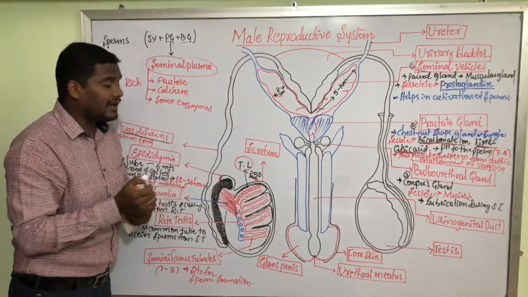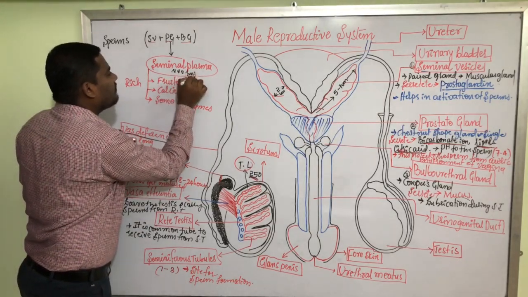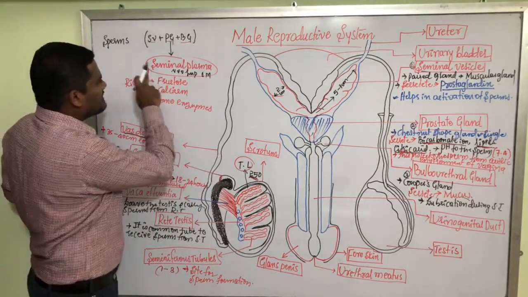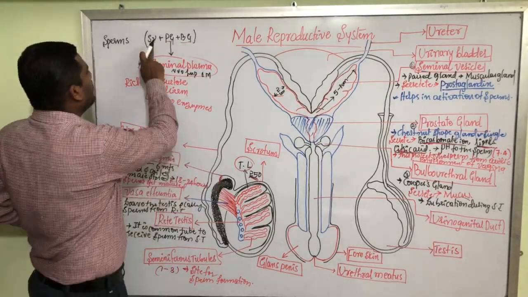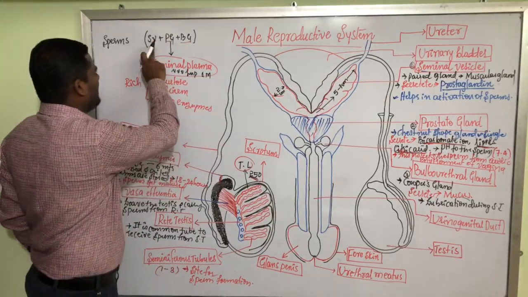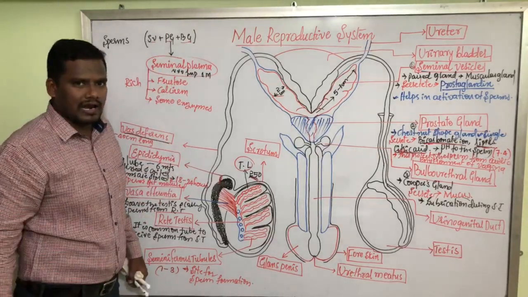What is seminal plasma? It is very important for 1 mark. Seminal plasma is a secretion of three glands located in the male reproductive system: seminal vesicle, prostate gland, and bulbourethral gland.